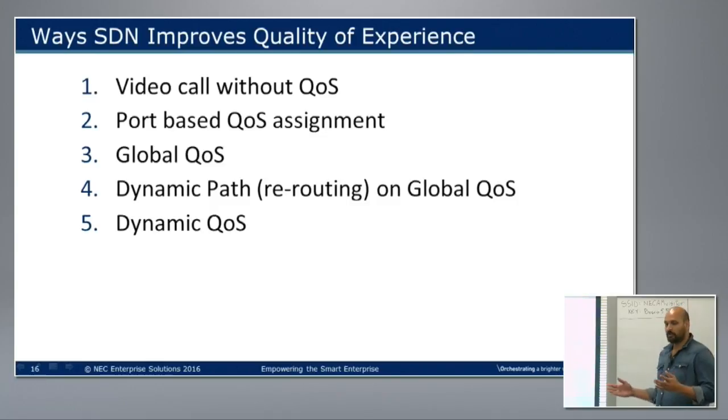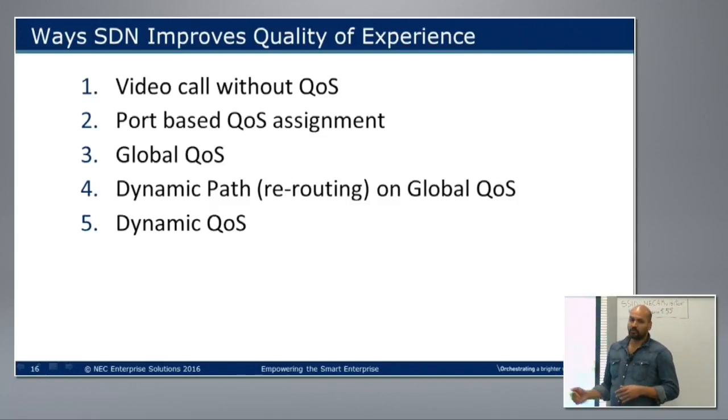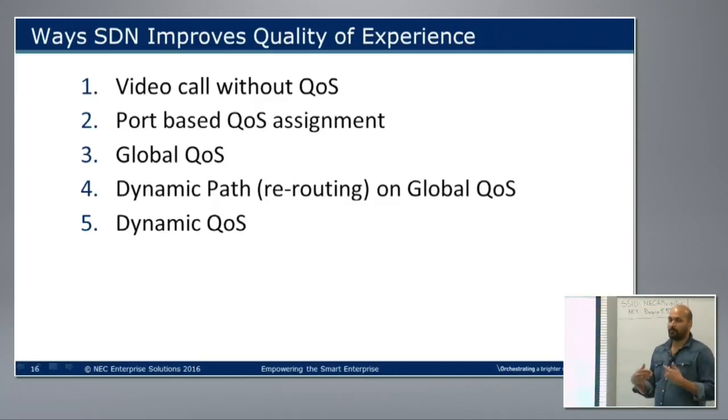You will see it whenever there is burst traffic in the network. Then, while the call quality has gone down, I'm going to apply statically programmed QoS on the controller and see how the call quality improves.